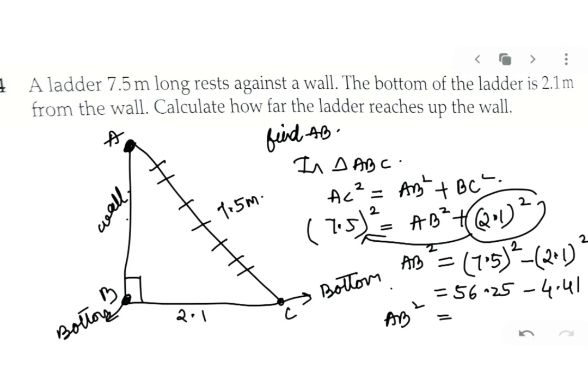You are subtracting 4.41 from 56.25. So you will get 51.84. Now that was AB square. But we want AB. So AB will be the square root of 51.84. Getting my point clear?